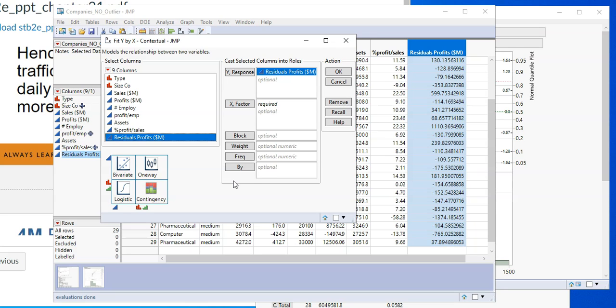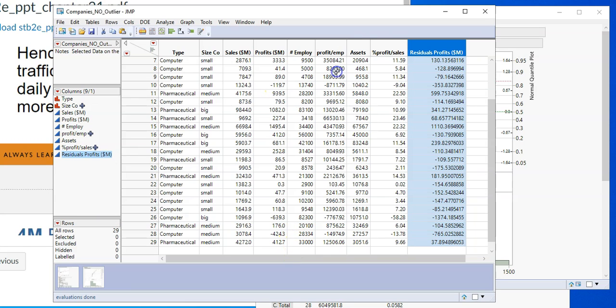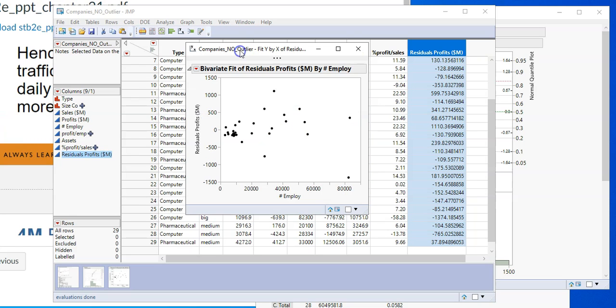What am I creating? I'm creating a residuals plot. A residual plot is the one with the horizontal line in the middle, right? That data are spread around it. And what do I use for the IV? The IV is the actual IV, which is number of employees. You do this, you can create a residual plot. Click OK.